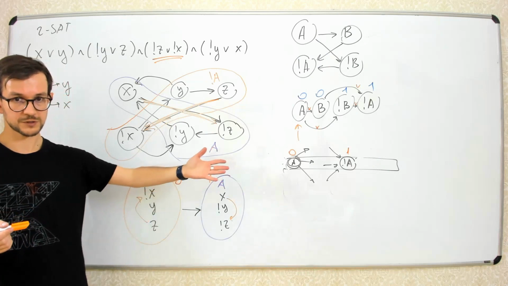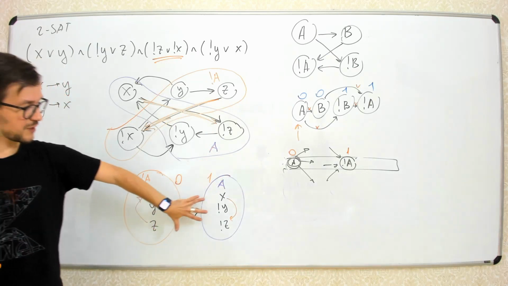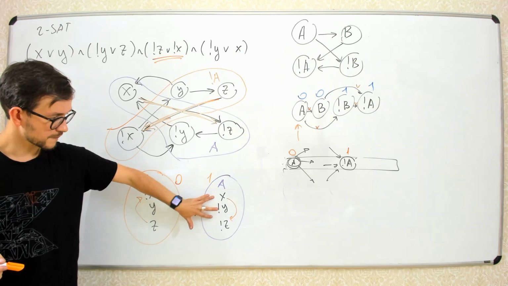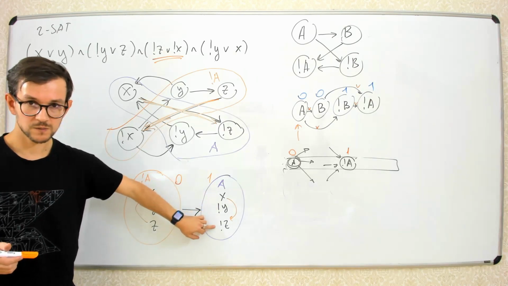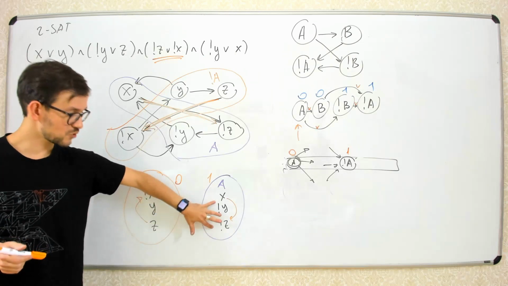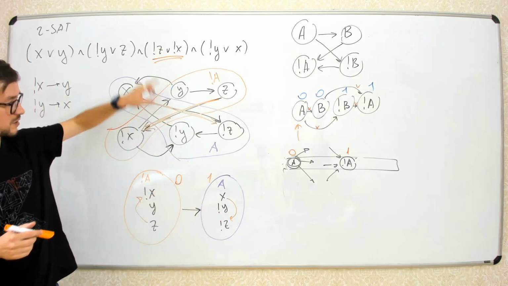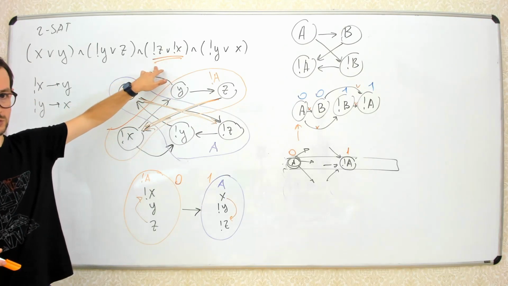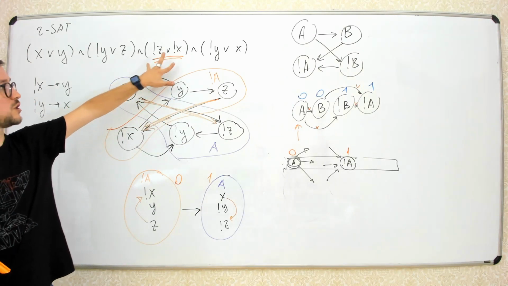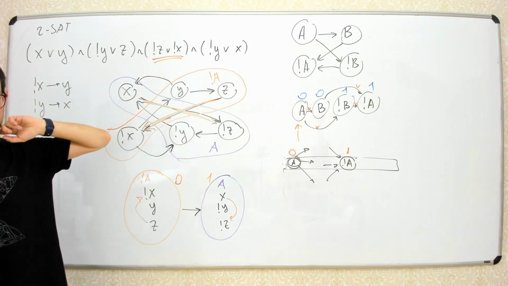We just build the solution. If they both are true, like here, so we have x and we have not z, it means that one of them will be false and one of them will be true. So each clause like this will be satisfied.